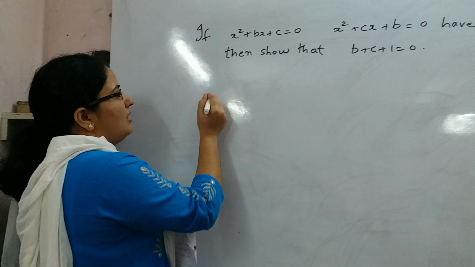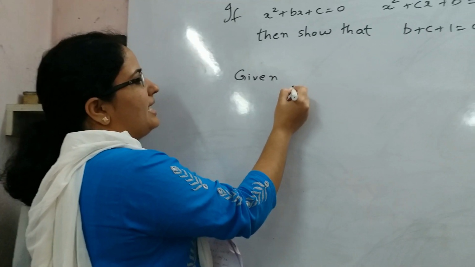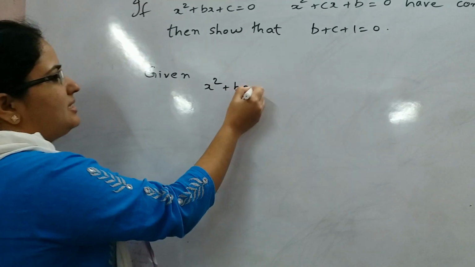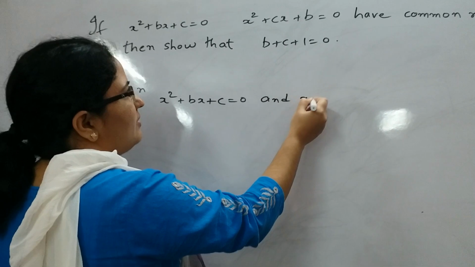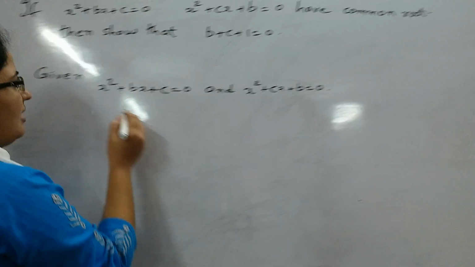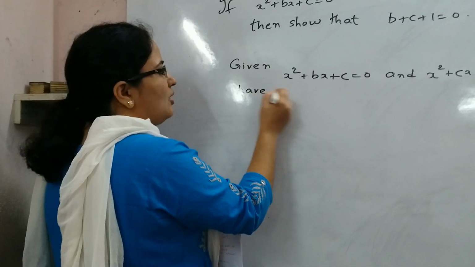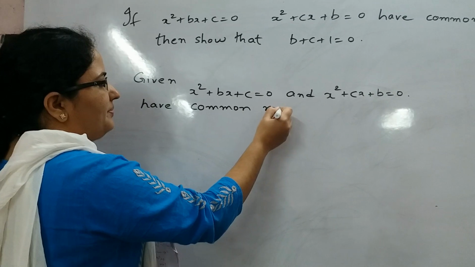Okay. Now, what is given? x square plus bx plus c is equal to 0 and x square plus cx plus b is equal to 0 have a common root.